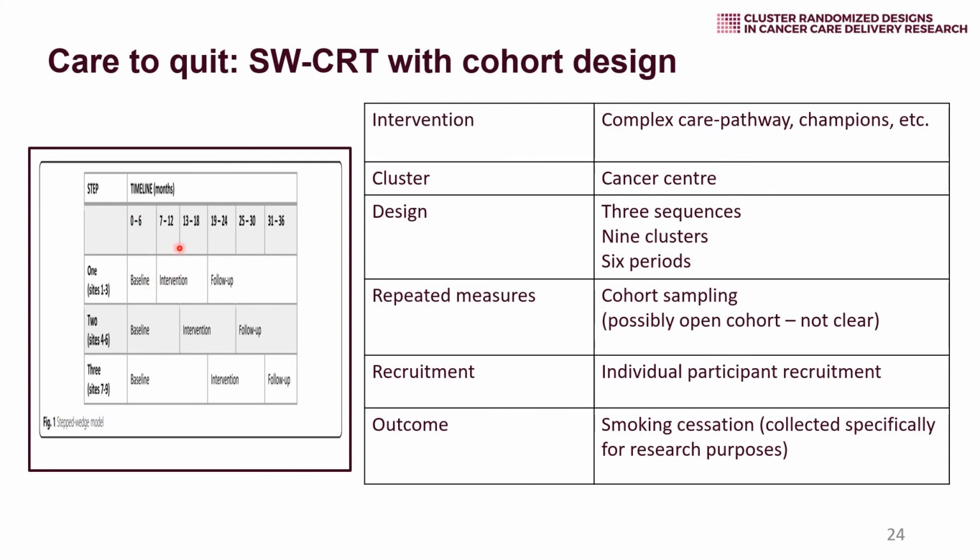And there were 9 periods in the study. There were repeated measures. So this design used cohort sampling, maybe open cohort, it wasn't quite clear. And there was individual participant recruitment. And the outcome was smoking cessation, and it was collected specifically for the research purposes.